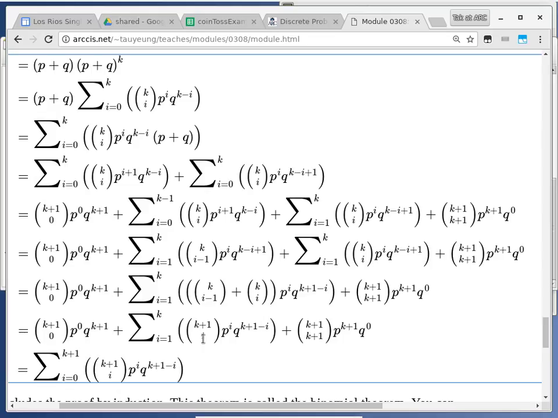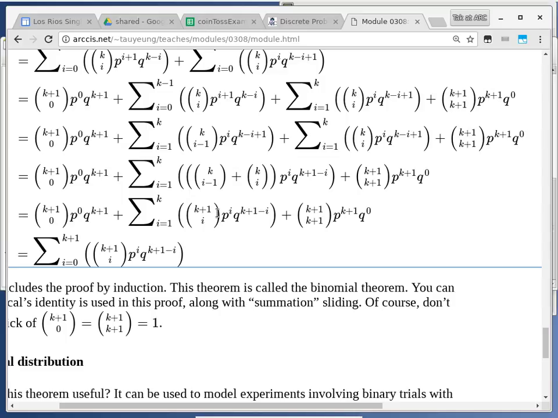Hey, looks like something that we have seen before, even though the variable names have changed. So that is Pascal's identity. So this itself is why we talked about Pascal's identity, is so that we can use it as one step of the proof of the binomial theorem. And then how did I go from here to here? Yep, I put these two terms back into the sigma. And that's it.